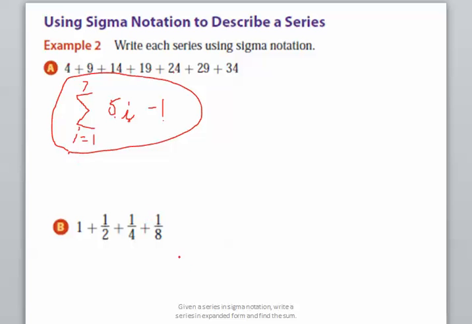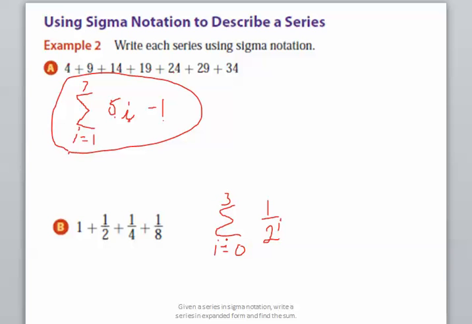Okay? How about this one down here? Yeah, we can do fractions too. Sigma. Okay? Let's see here. We could say 1 over 2 to the ith power, where I equals 0 to 3.